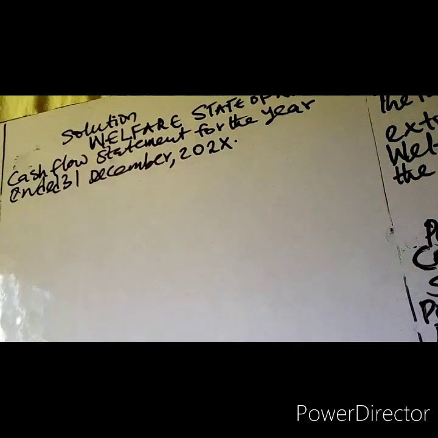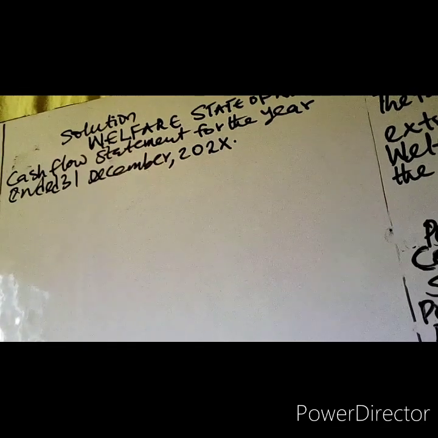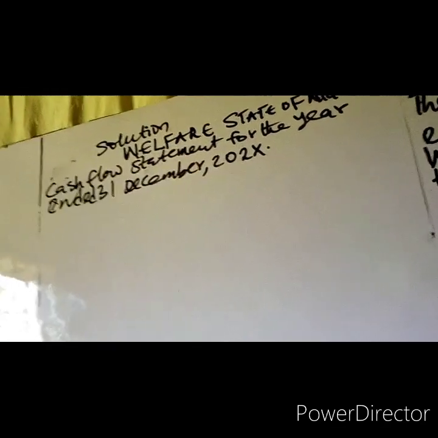You want to prepare cash flow statement for the year ended 31st December 22x for Welfare State of Nigeria Limited.